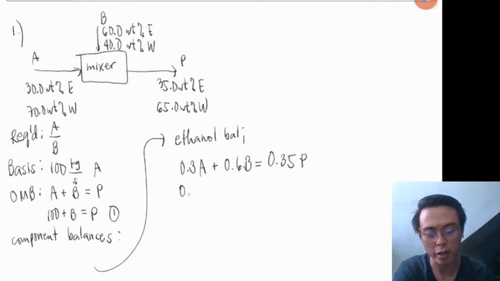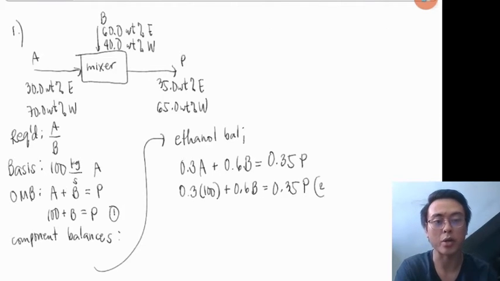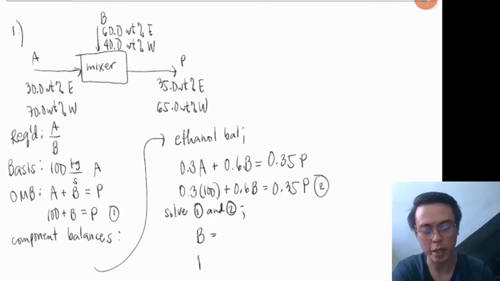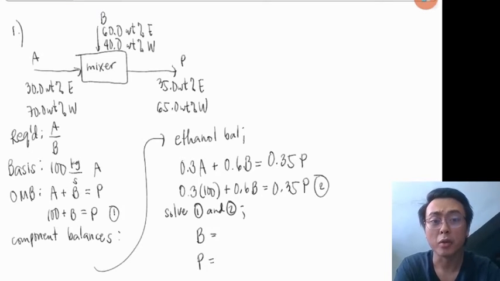You have 0.3 times 100 plus 0.6B equals 0.35 P. This is our second equation. You will notice our second equation also has two unknowns, B and P. Therefore, we can simultaneously solve our two equations with two unknowns in order to yield both the values of B and P. You can do this manually.